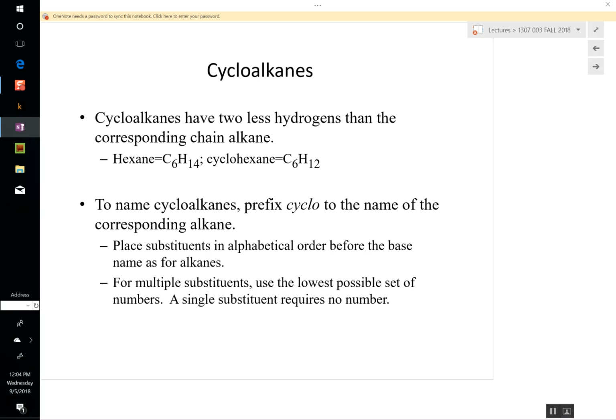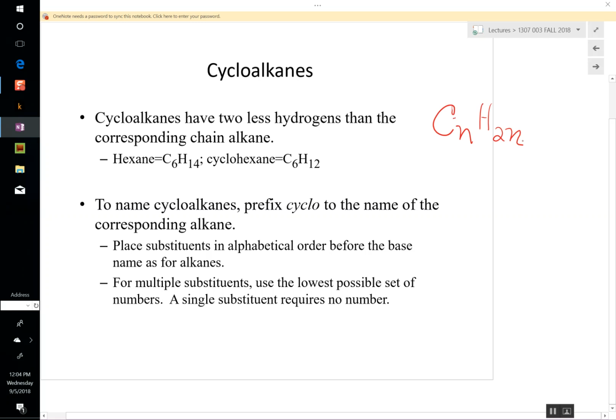And it has a little different general formula. The general formula here is going to be CnH2n. Not H2n plus 2. I took the end hydrogens off. It's just CnH2n.